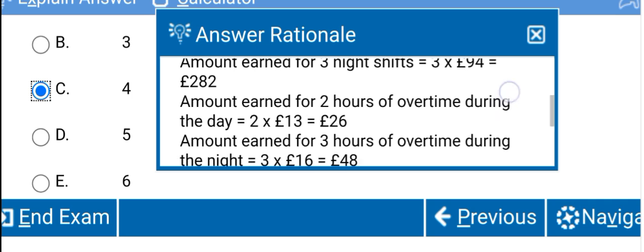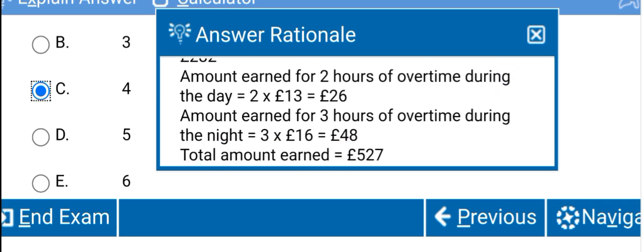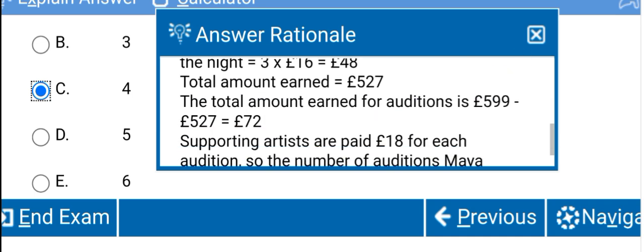So amount earned for 2 hours of overtime during the day equals 2 into 13 pounds equals 26 pounds. Amount earned for 3 hours of overtime during the night equals 3 into 16 pounds equals 48 pounds. So the total amount earned equals 527 pounds.